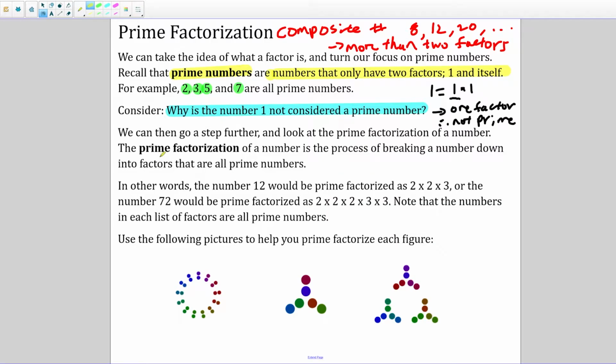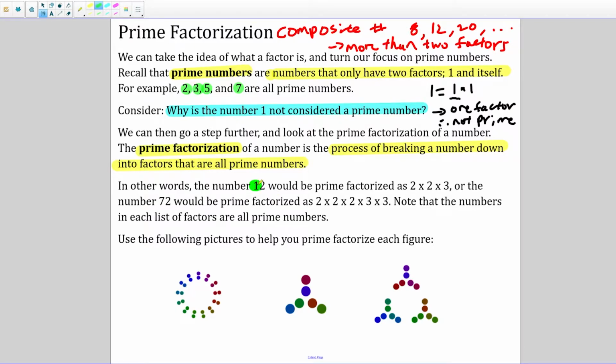The newest concept here in grade 10 is understanding what prime factorization would be. Since we know that factors are all the numbers that we can multiply together to get a different number, and we just talked about prime numbers, prime factorization just means that we are breaking a number down into factors that all happen to be prime numbers.